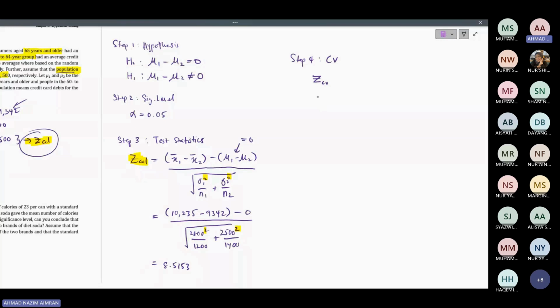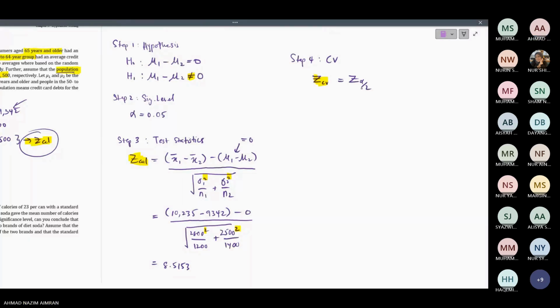You need to compare with the Z critical value only. In our case right now, we are testing a two-tail test. So our Z critical value is Z alpha over 2. Z alpha over 2. Why?